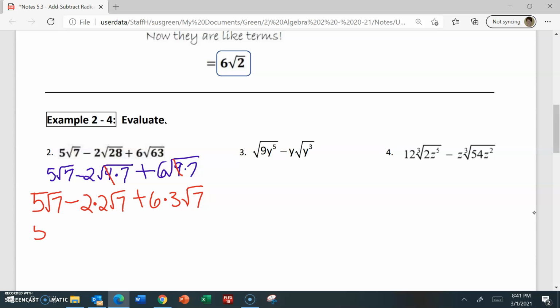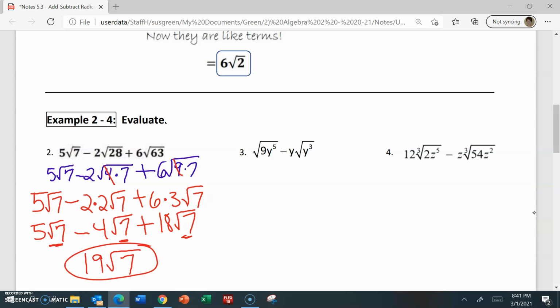So basically I have 5 radical 7 minus 4 radical 7's plus 18 radical 7. Now ironically, not a shocker, all of these have the same radical, square root 7. So 5 minus 4 is 1, 1 plus 18. Your final answer would be 19 radical 7. Okay? All right, let's go on.